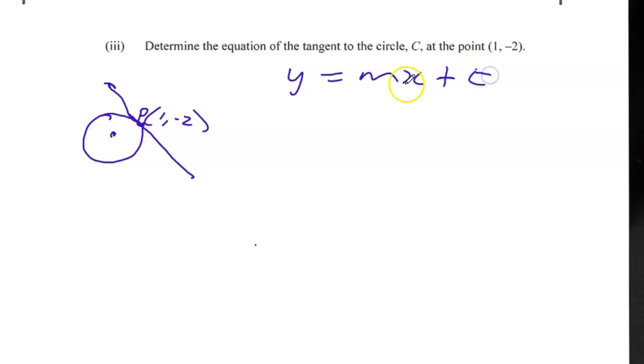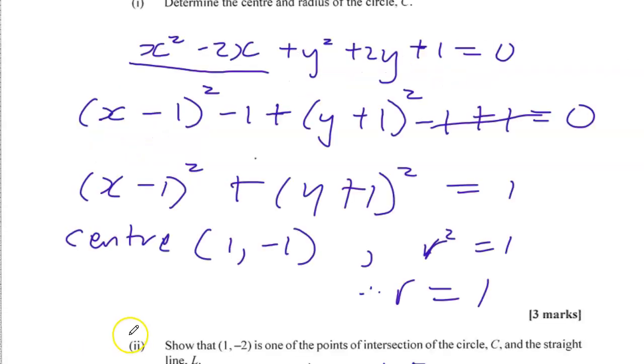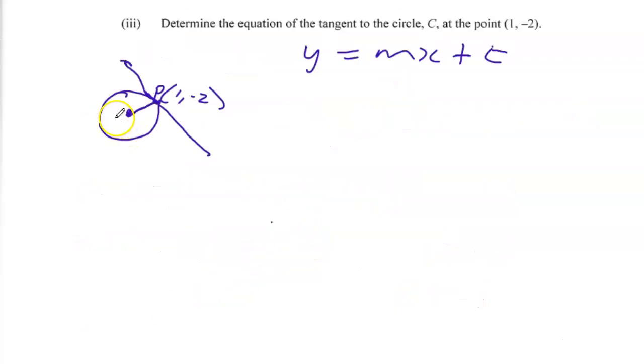Now to get the gradient of the line, we need the center. Remember what the center of the circle was? The center of the circle was 1, -2, right? 1, -1, sorry. So the center here was 1, -1. Now I'll call this R, the radius of the circle. The radius will connect the center to the circumference, right?